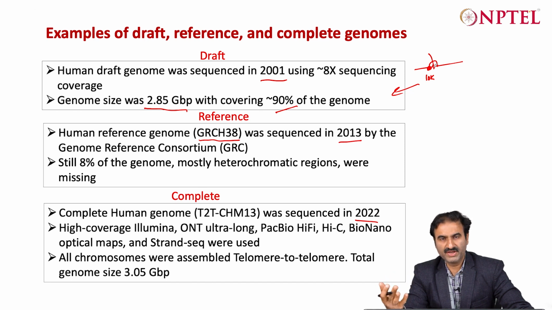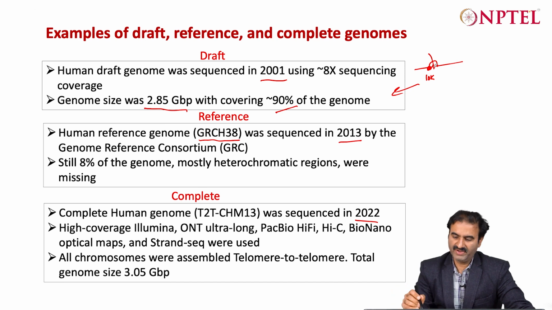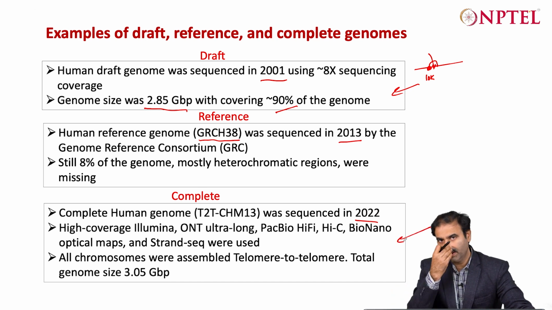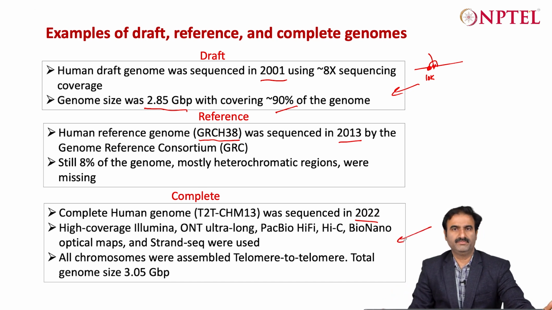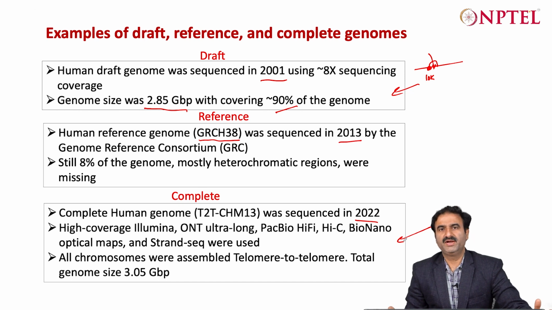So drafts may be good indicators for getting some genomic clues and doing evolution analysis to a fair extent, but you really desire a complete genome, so that whatever you do is more reliable and robust.